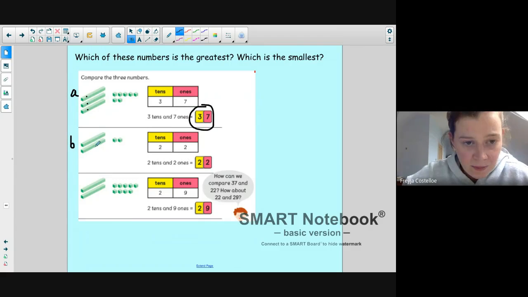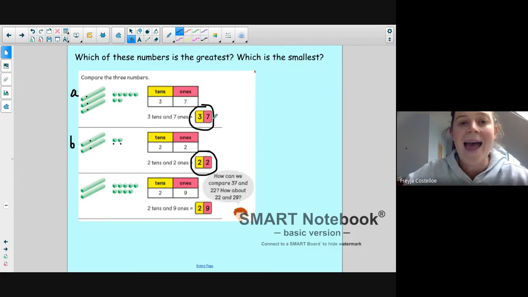And here, how many have we got? We have got 1, 2 rods of 10. So let's count that in tens. 10, 20. Good. So we know that there are 20 cubes here. We've got 2 tens. And how many ones? 2 ones. So we have got 22. So let's compare these two numbers to start off with. Remember what our friend said?